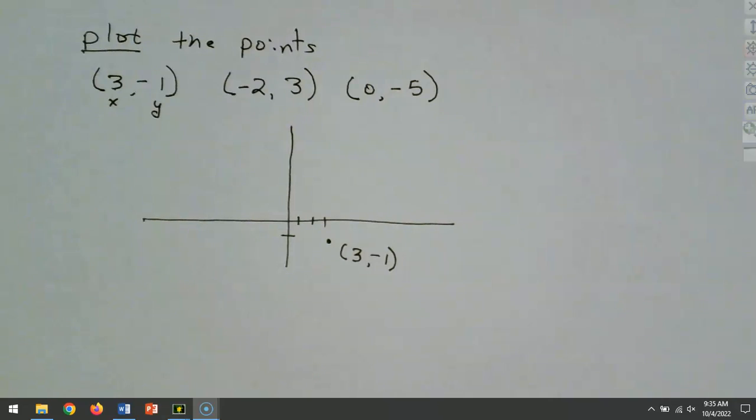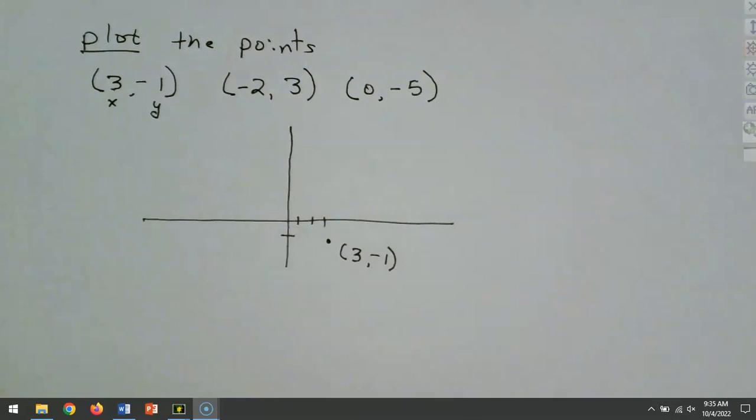Okay, so we're just learning how to plot ordered pairs again. So if I wanted you to plot 3, -1, that means we would go forward 3 units, down 1. What about -2, +3?